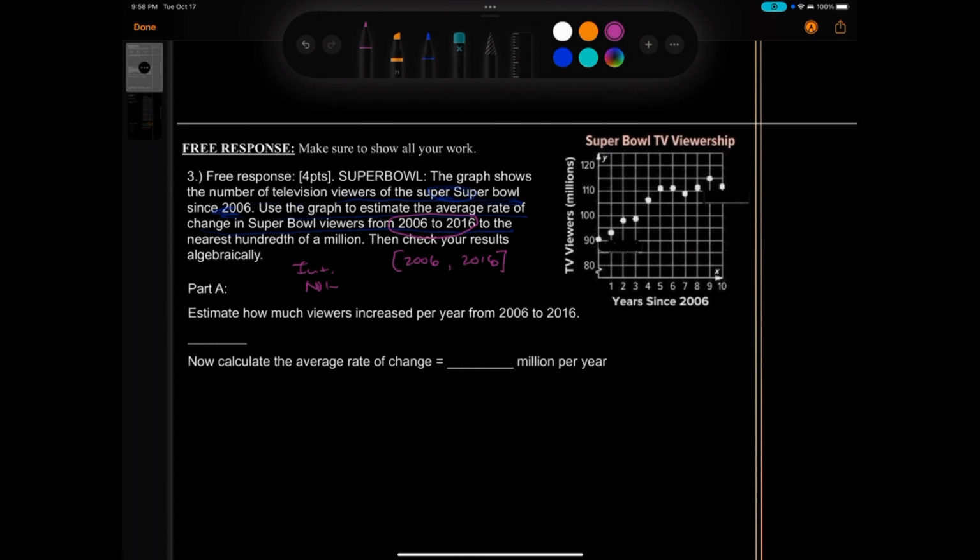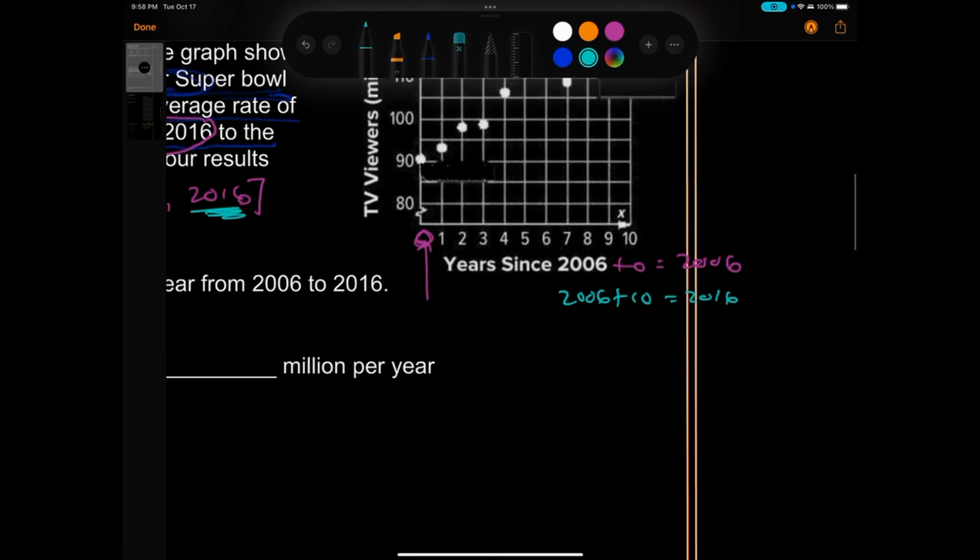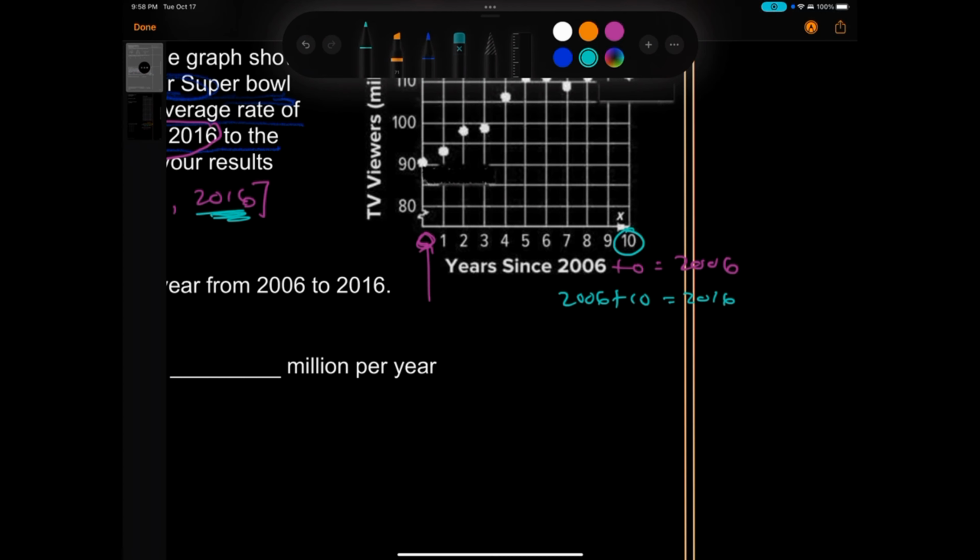And 2006 is here. So remember, we learned in class 2006 plus 0 is 2006. So this 0 here represents 2006. 2016 would be plus 10. 2006 plus 10 equals 2016. So the 10 represents that number.